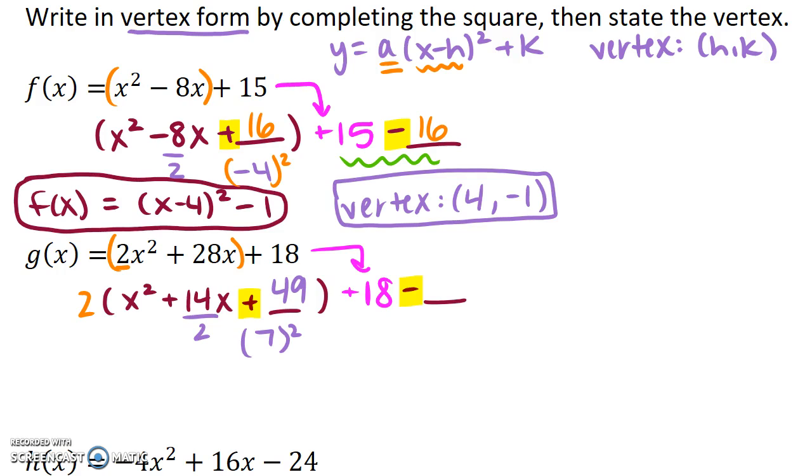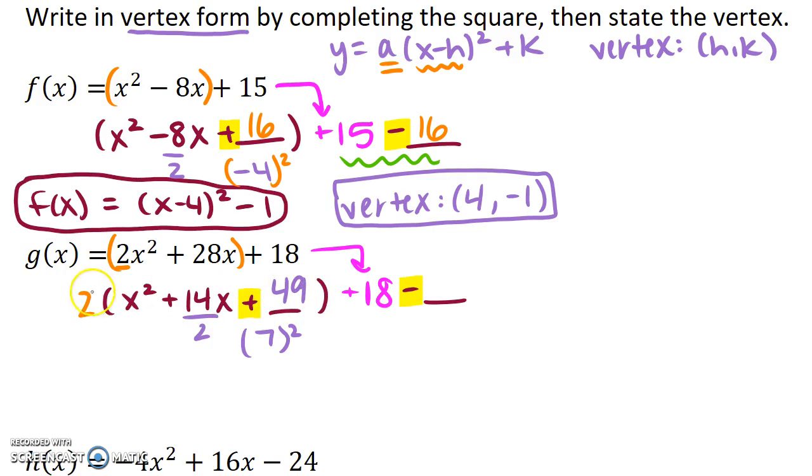Keep your equation equal. So then from here, just like last time, the number we put in the blank would go here. But because we have an a value, if we were to multiply this whole thing out, we should end up with what we started with, right? Because what we put in the blanks should cancel each other out.